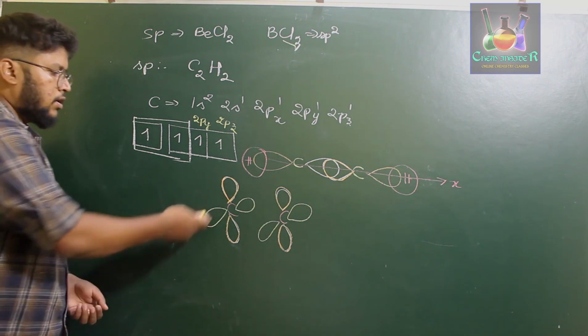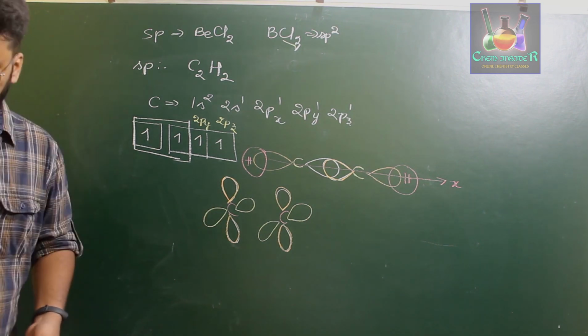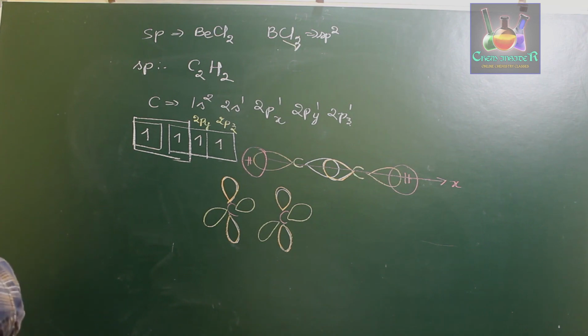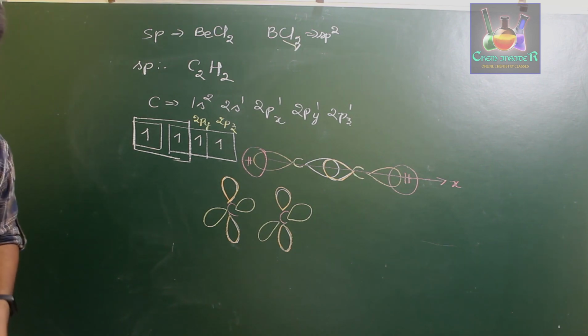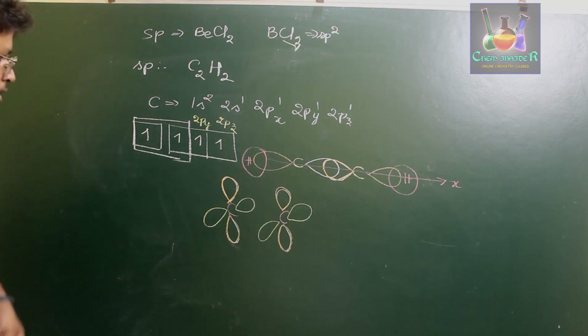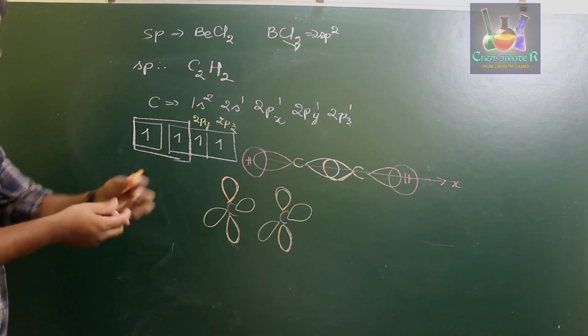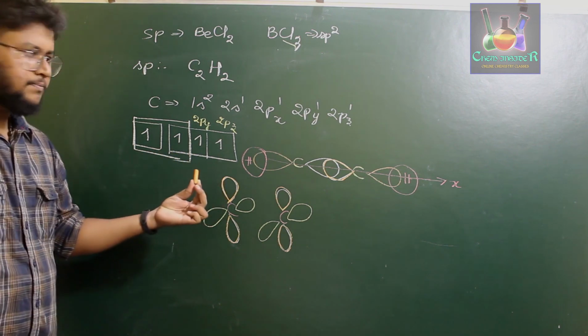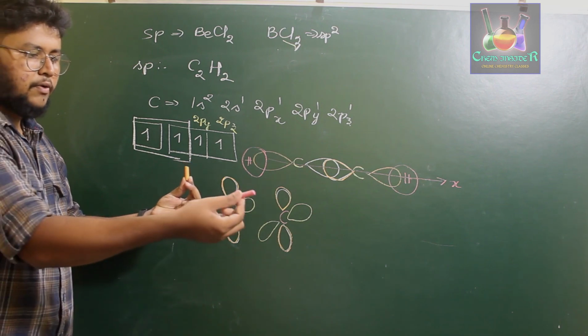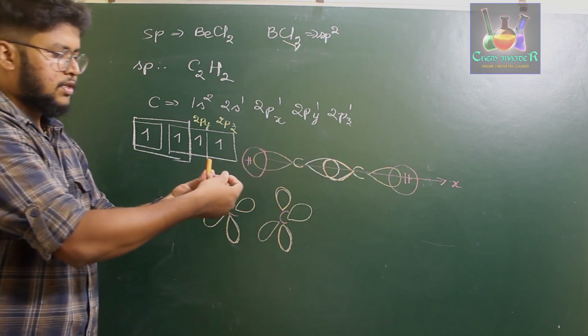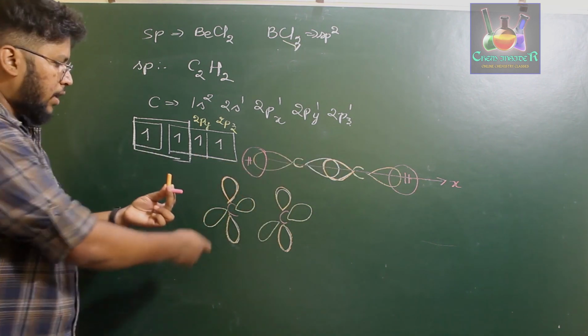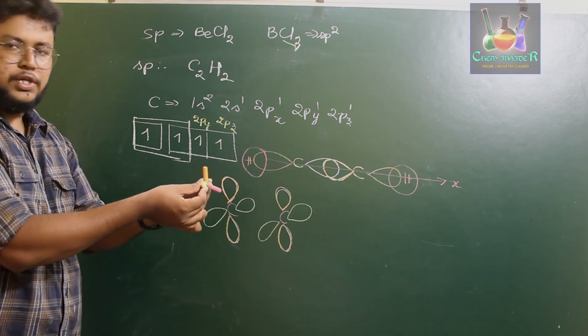Okay, so these are 2 orbitals. If you consider this is the z orbital, red which I have written is the x-axis, and y which I have written in yellow will be towards you like this.